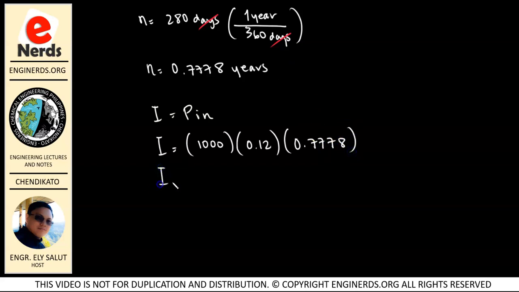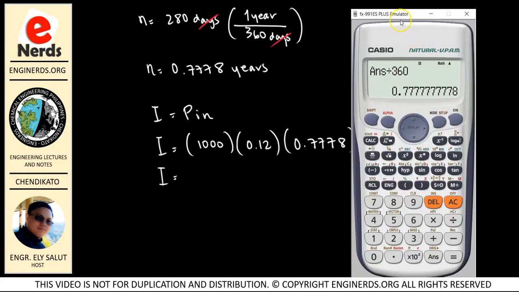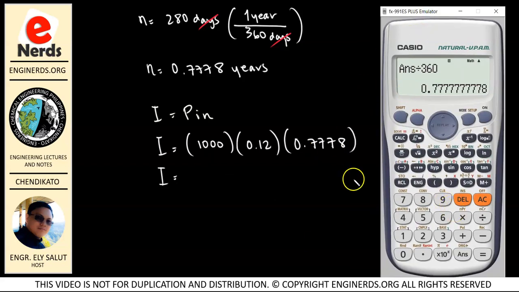So makukuha na natin yung value ng ating interest. Okay, so ano yung value natin? 0.7778, times 0.12, then times 10,000. 10,000 yata ito, di ba? Yeah, so may mali tayo sa given. So 10,000. Okay, so we have 933.33.